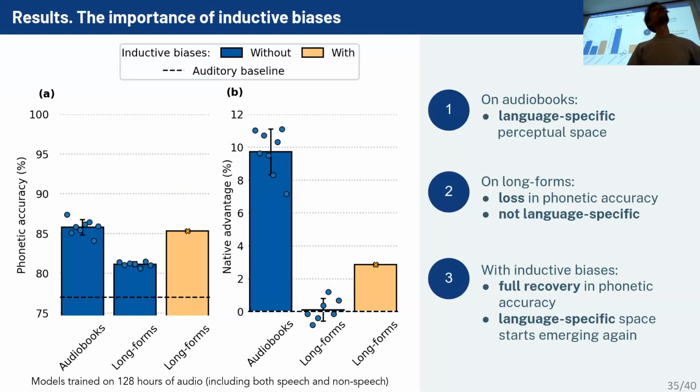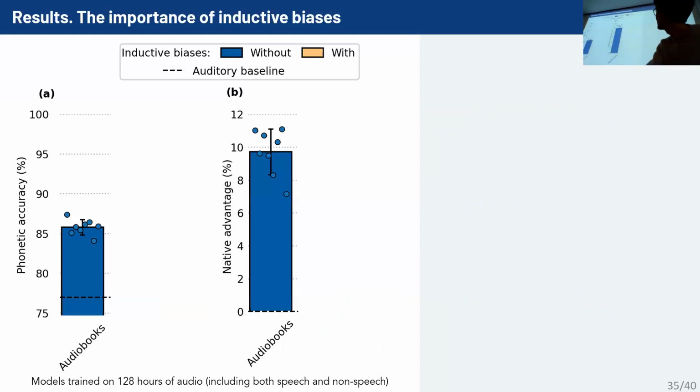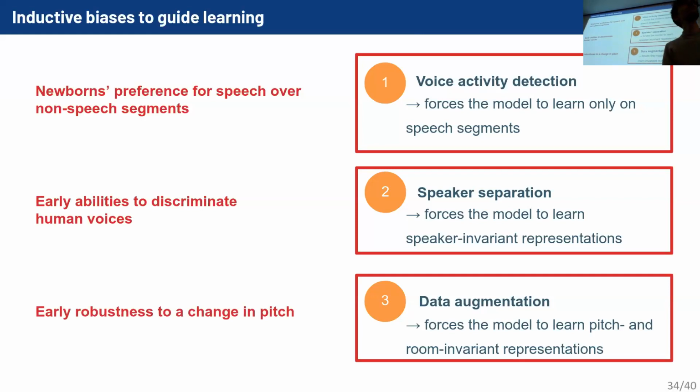Sorry, can I just ask about one of your biases? Go back to the bias. So the model is forced to separate the speakers, and it does that through training? Those are pre-trained capacities in a way.